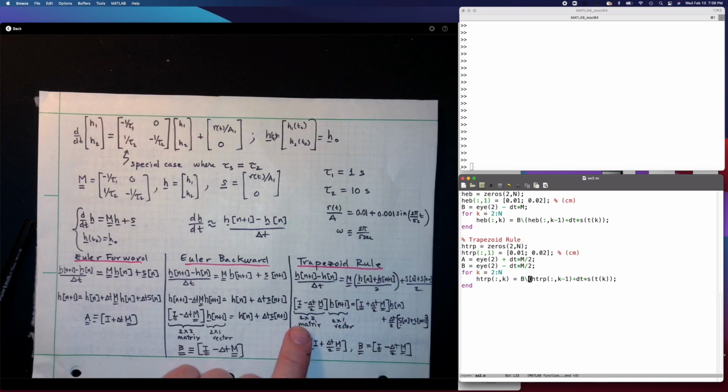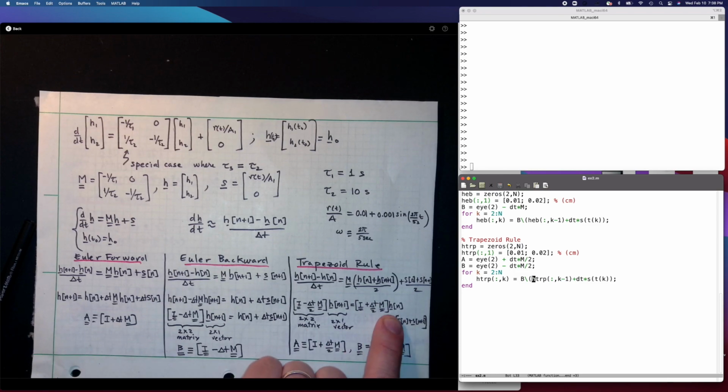And then the solution will be B backslash, but here, the only difference is here I multiply by A. So this should have been A times trapezoid at k minus 1 plus delta t divided by 2 times the sum of s at time t k plus 1 plus s at time t at k.